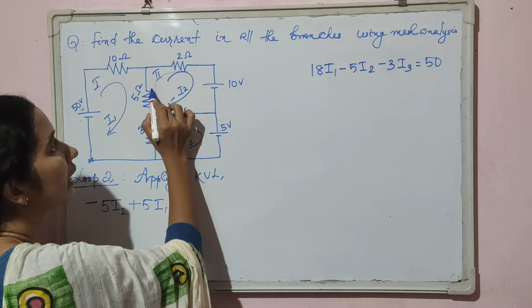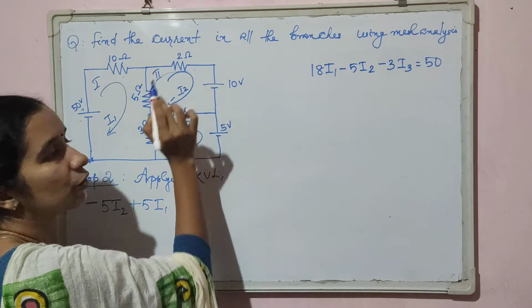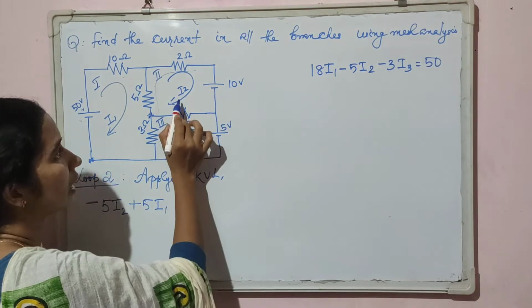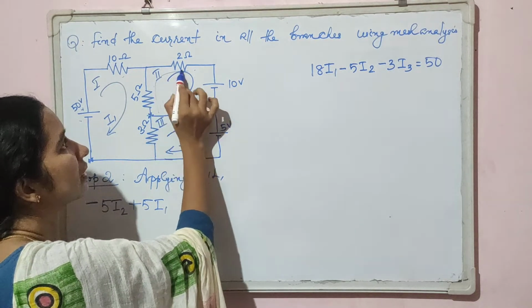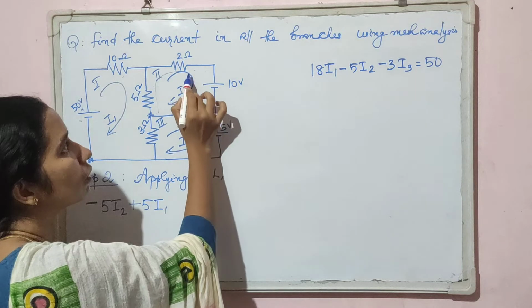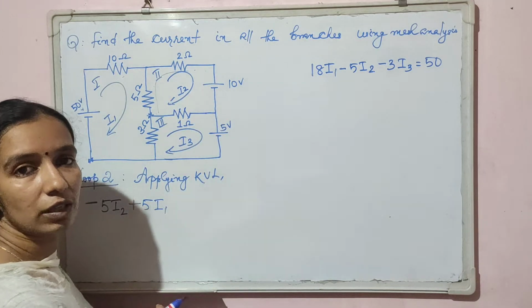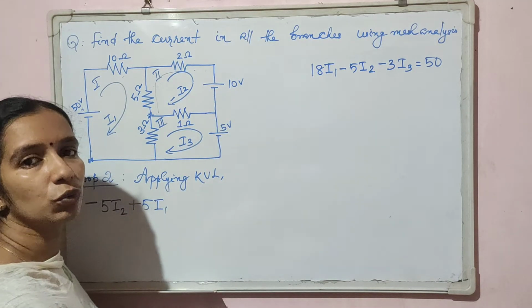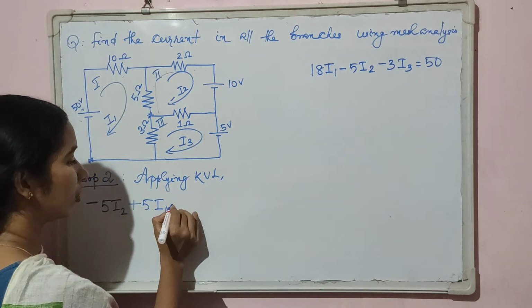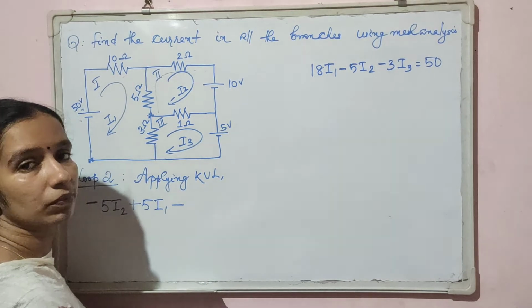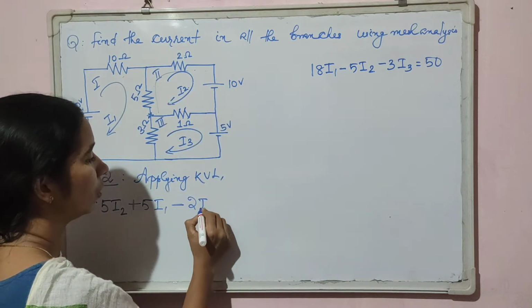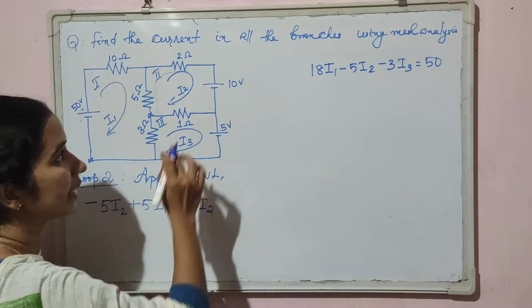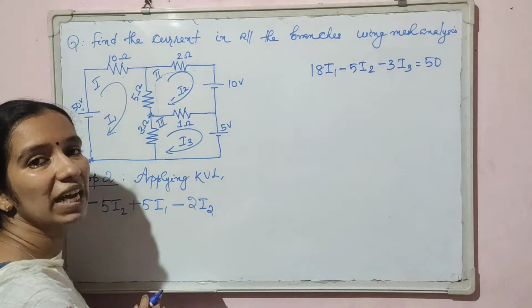Now the second component is this 2 ohm resistor. The current flowing through it is I2, in the same direction as I am moving, so there is a potential drop, marked as negative: minus 2 I2.